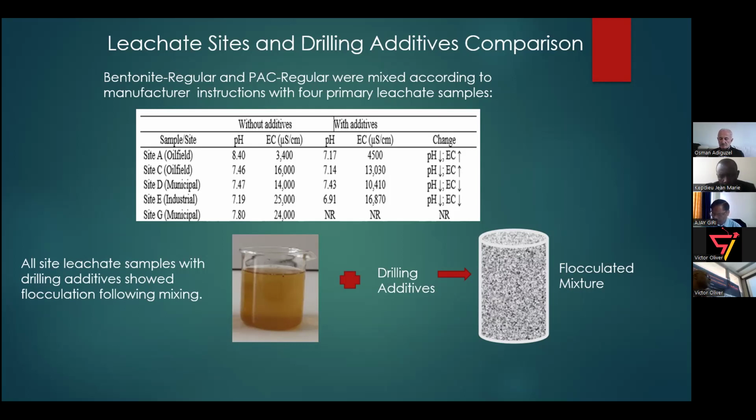And I think you have a decrease in the samples here, site D and E. This is where you use bentonite, and bentonite, as we all know, is a good absorbent, so it's more likely to remove some of the ions from the matrix more significantly than pack regular.